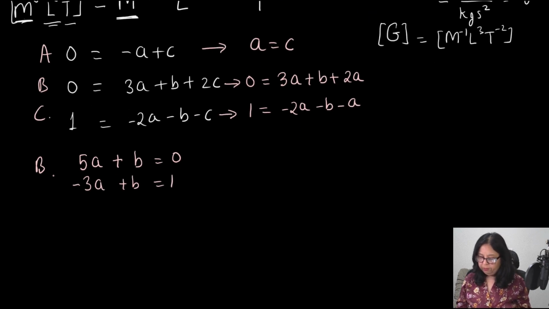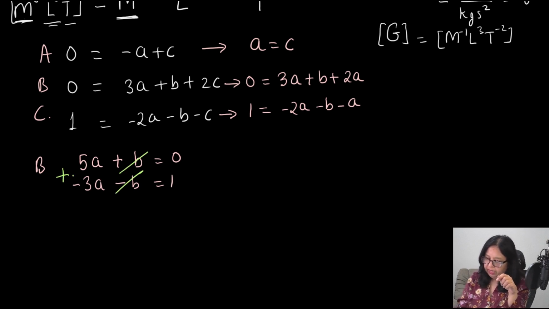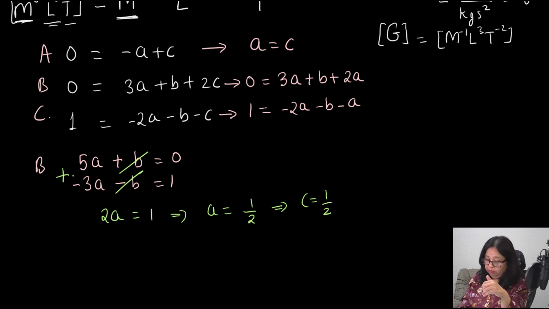This is minus, this is not plus. So if I simply add these two equations, the Bs cancel out, I get 5 minus 3, so 2A equals 1. This gives me A equals 1/2, which gives me that C also equals 1/2. Now I have A and C both.